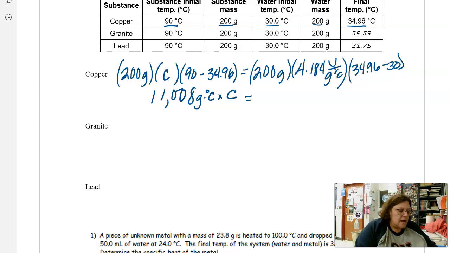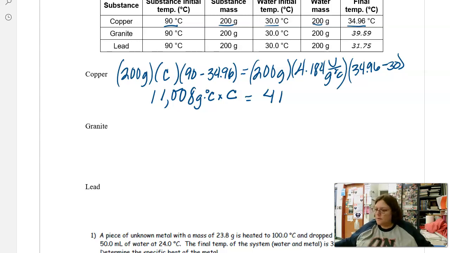We're going to set that equal to 200 grams of water times the specific heat of water, 4.184, times the temperature change of the water, which is 4.96. And when I do that, I get 4,100. This doesn't seem right.